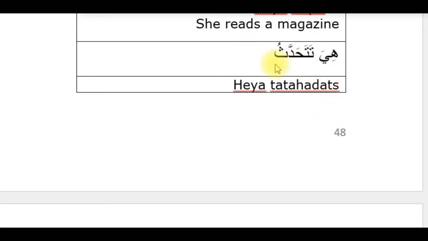هي تتحدث. You need to put a word here. Let's say language. Arabic language. العربية. هي تتحدث العربية. Let's write that in Arabic. Alright, that's the word.